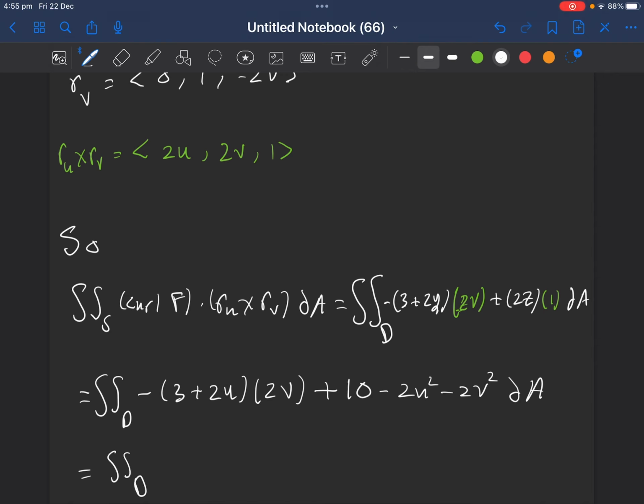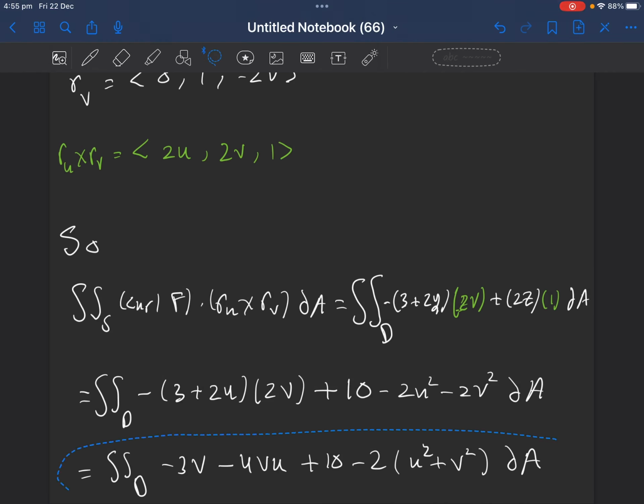So this would be just the double integral of negative 3v, negative 4uv plus 10 minus 2u squared minus 2v squared. Or just for simplifying things, I will take negative 2 as common here, so it will be u squared plus v squared.